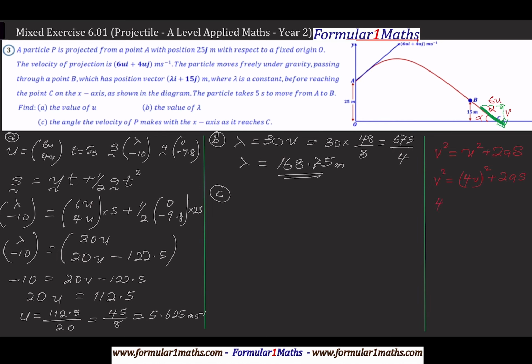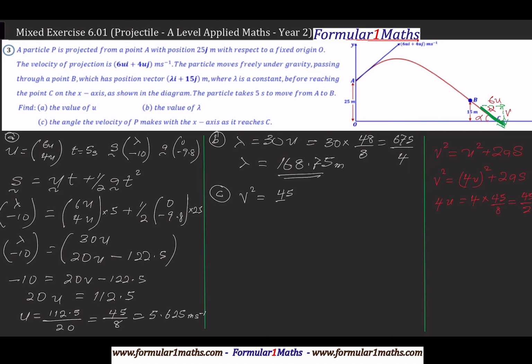But 4u is equal to 4 times 45 over 8. And that will be 45 over 2.